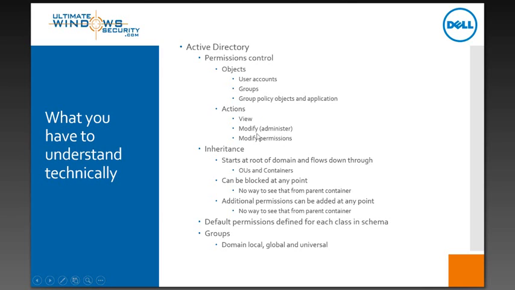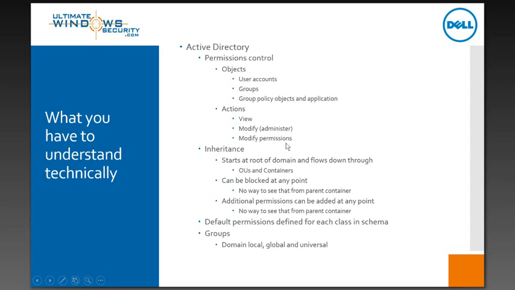So it comes down more to who can modify or administer these objects, who can change a user account, a group, or a group policy object, or who can affect how that group policy object is applied. And then the other thing is who can modify the permissions on those objects. That in itself is a meta permission, the modify permission.